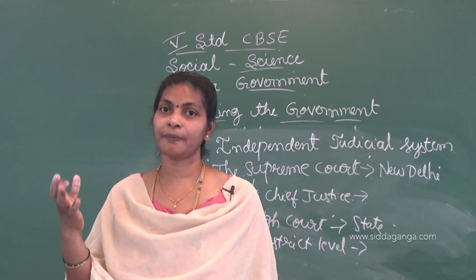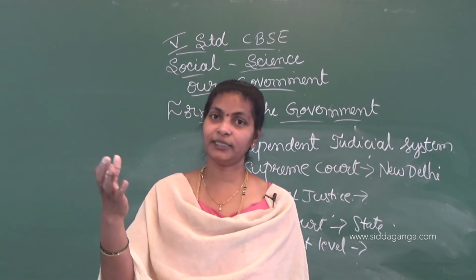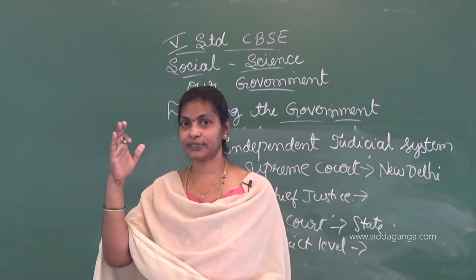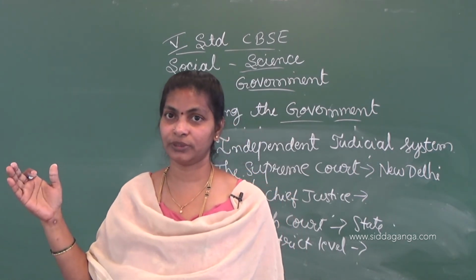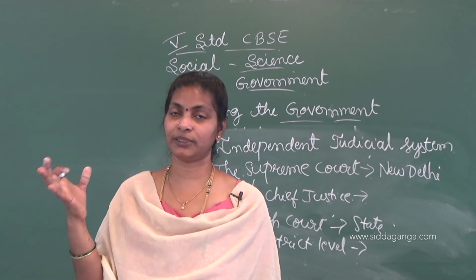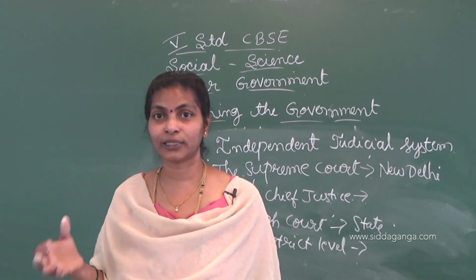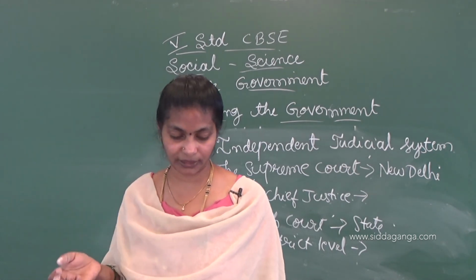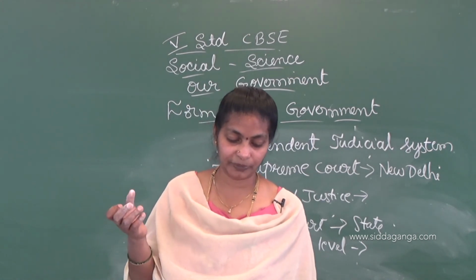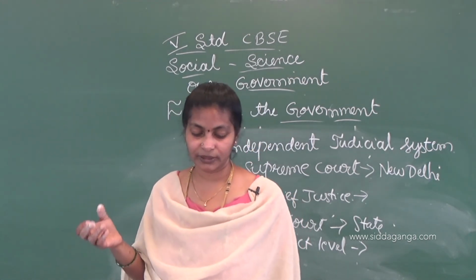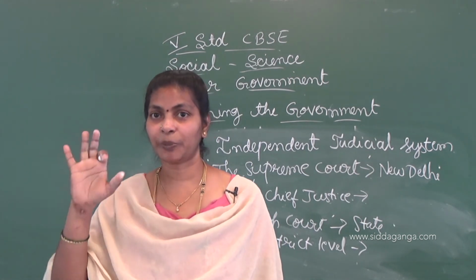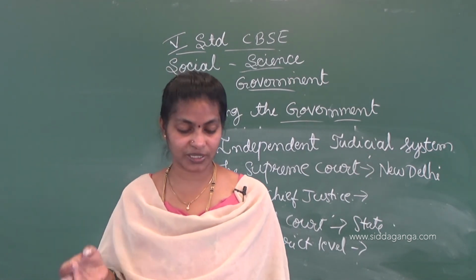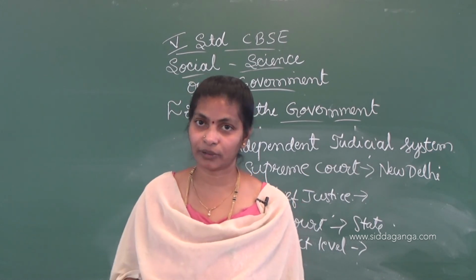When we compare the state and the central government, the central government is more powerful. The important matters come under the central government. For example, I already gave: defending and protecting the country is the responsibility of the central government.